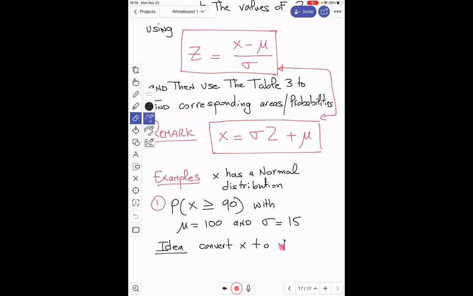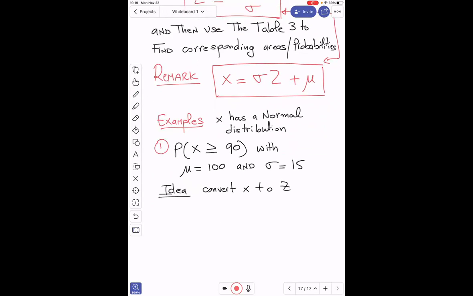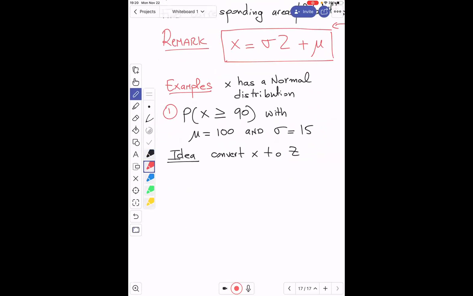This is your probability distribution with the variable x, and here somewhere you have 90.